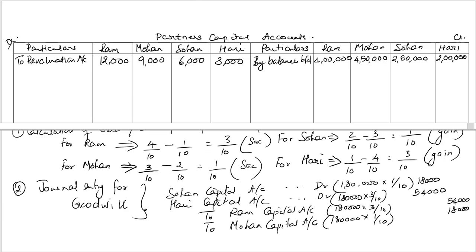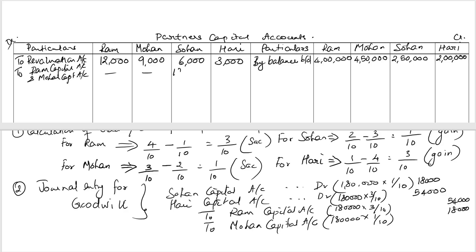So we have the partners' capital accounts on top half of the screen. We need to debit Sohan and Hari's capital account. So it's to Ram capital account and Mohan capital account. Sohan needs to be debited with 18,000 rupees and Hari needs to be debited with 54,000 rupees.